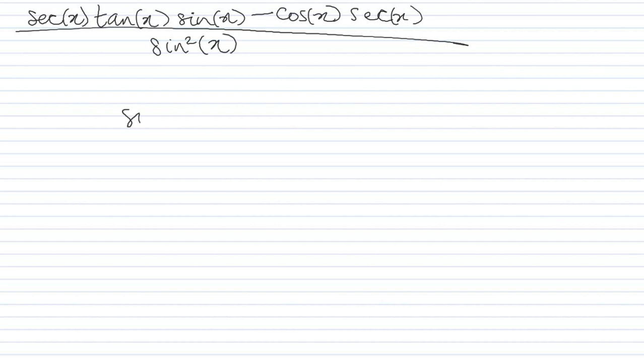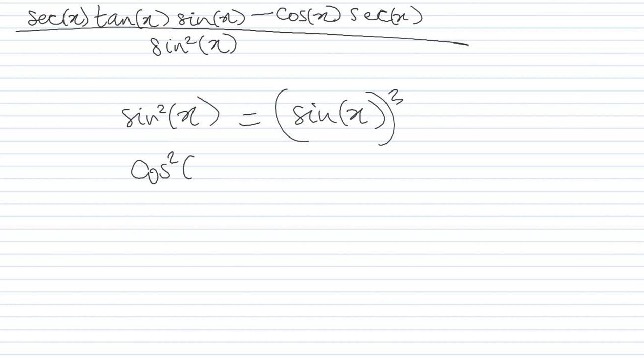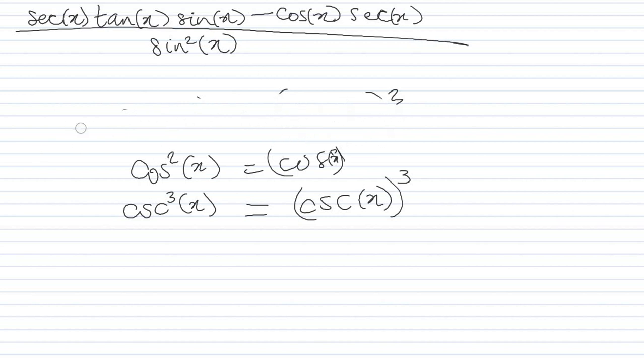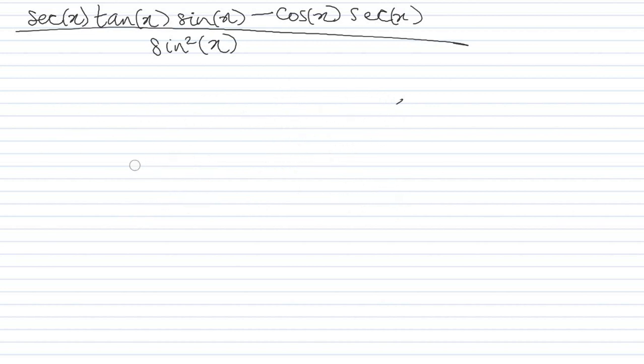Just so you know, sine squared x is the same thing as sine x all squared, just like cosine squared x is the same thing as cosine x squared, just like cosecant cubed x is the same thing as cosecant x cubed. Very important for you to know that.